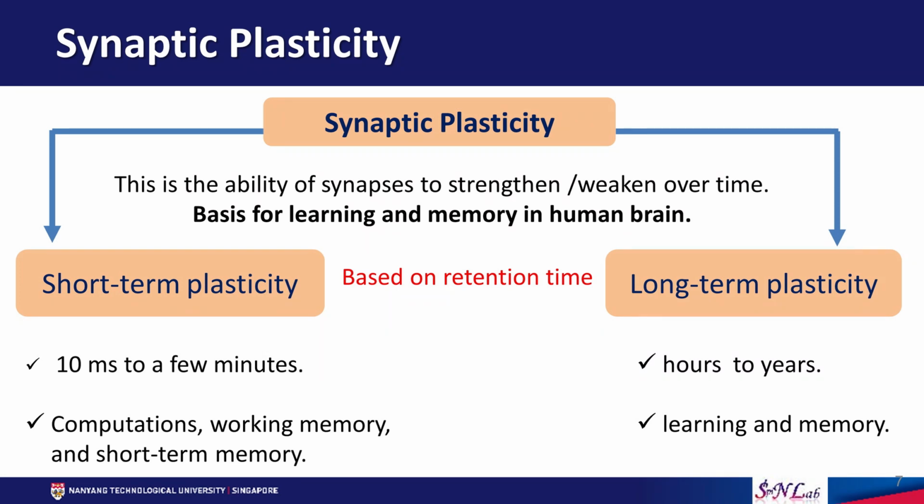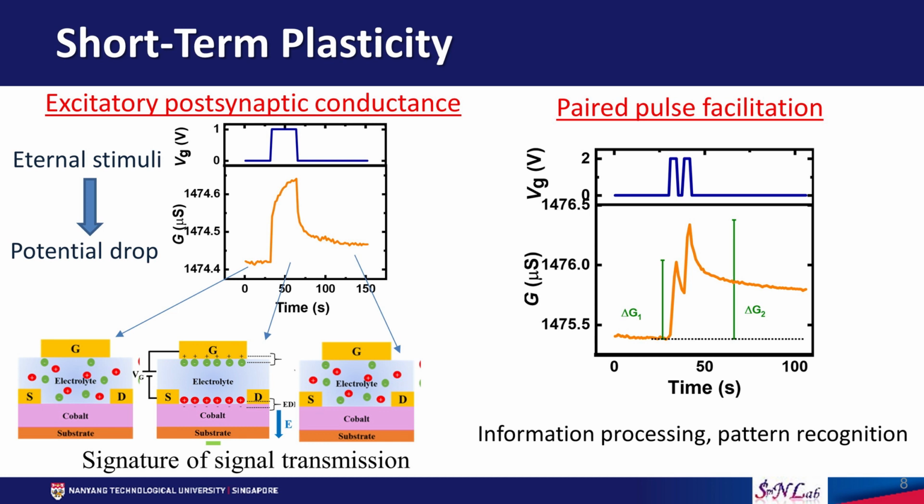In short-term plasticity, as the name suggests, the change is sustained for a small time. That is represented by two important functions called excitatory postsynaptic conductance and paired pulse facilitation.